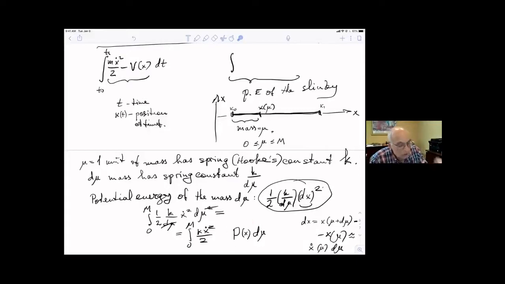This is the potential energy of the little piece of this thing, right? The piece d mu has potential energy proportional to its mass times the potential energy that one unit of mass would have at that location x, right? And so the total energy of my slinky is this.